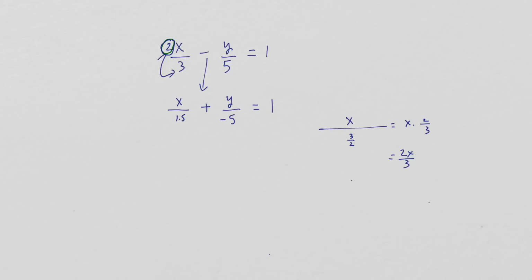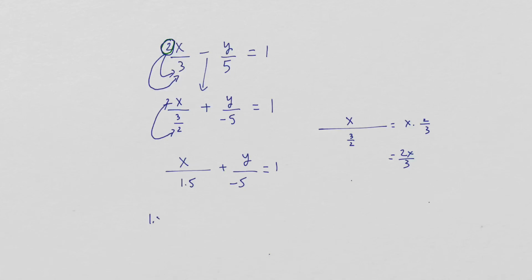You have to bring it underneath 3. Underneath 3, like this. So that 2 here goes right there. And now you have x over 3/2 or 1.5 plus y over negative 5 equals 1.